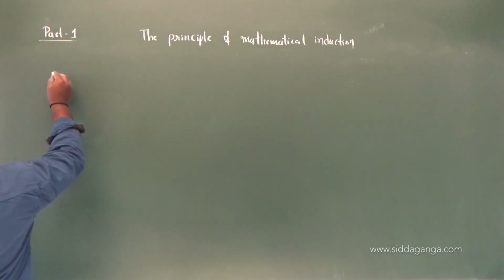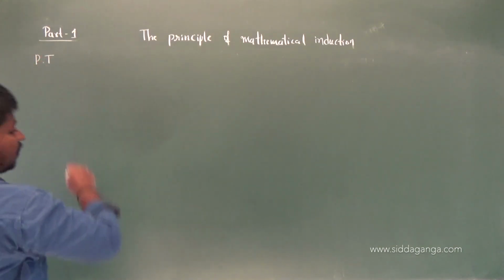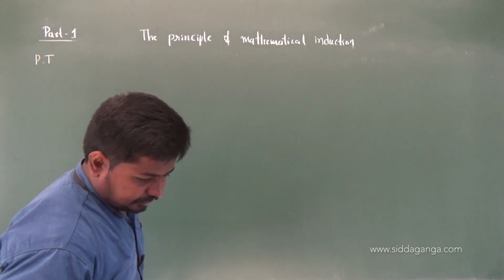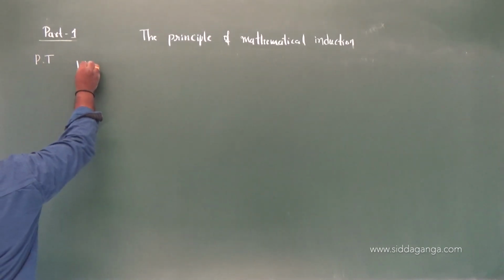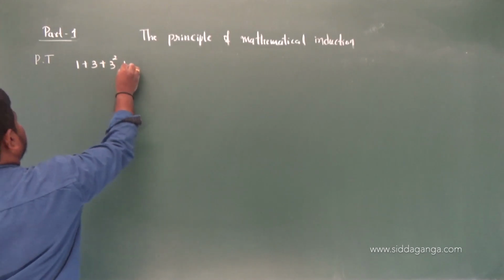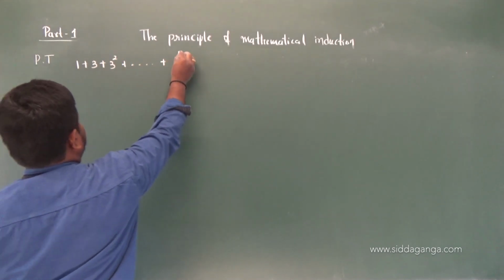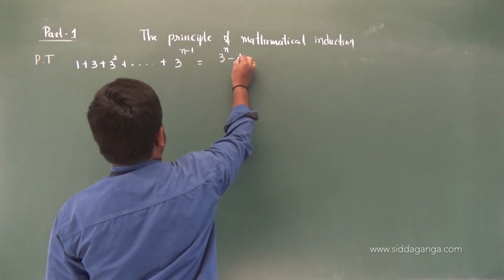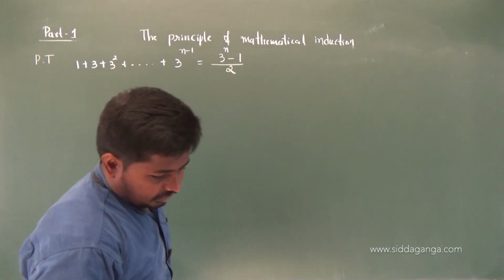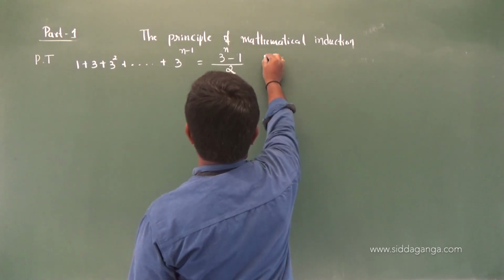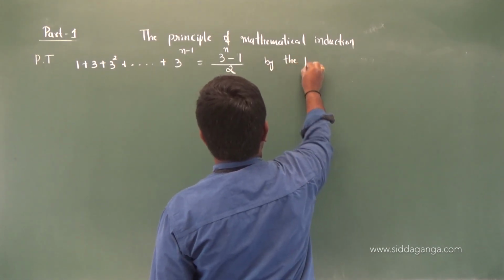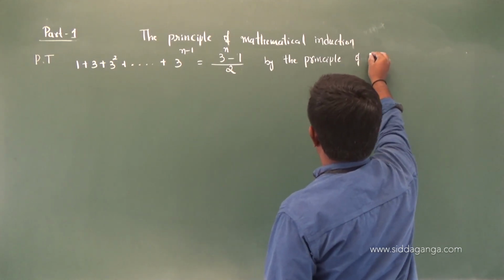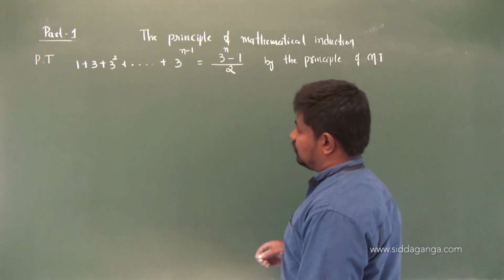Prove that 1 plus 3 plus 3 square, and so on, up to the nth term, 3 power of n minus 1, is equal to 3 power of n minus 1 by 2, by the principle of mathematical induction.